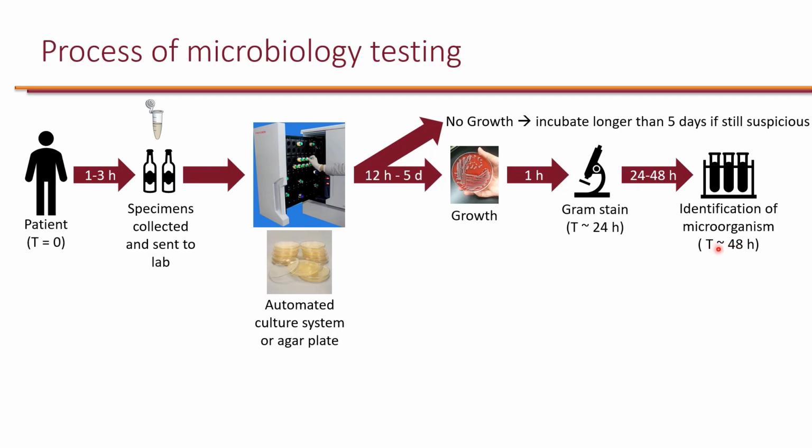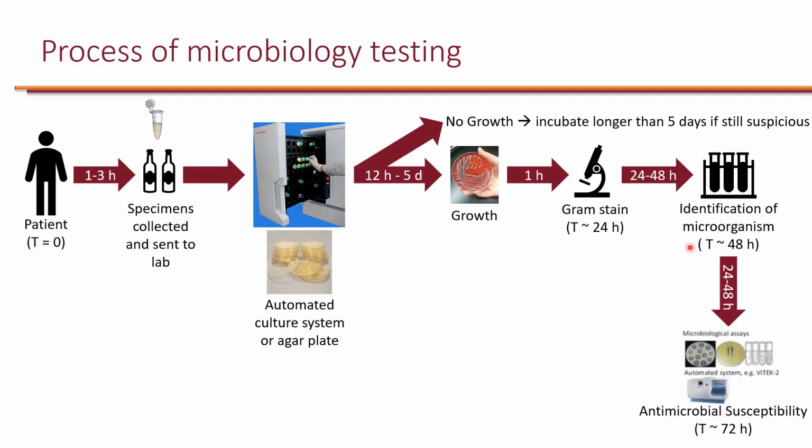So now, this is typically day 2 since that patient presented at the minimum. And once an organism is identified, so for example, if they say this is E. coli, then the next step would be to identify antimicrobial susceptibility. So then, it typically takes another 24 to 48 hours to do various testing, and we will go over some of these susceptibility testing.